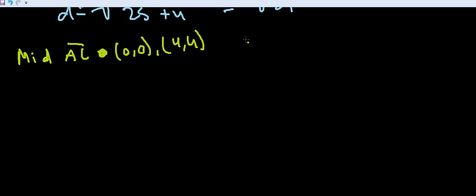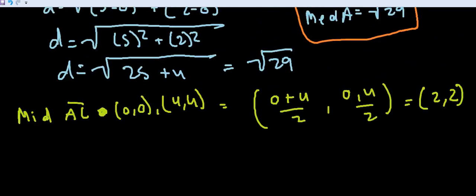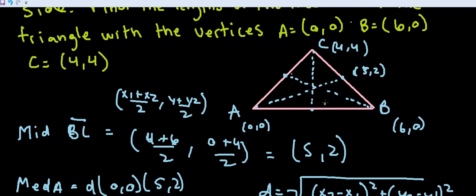That's x1 plus x2 over 2, so 0 plus 4 divided by 2, comma, 0 plus 4 over 2, and they happen to be the same. So our midpoint is equal to 2, 2. Let's scroll back up and see where that is. The midpoint between A and C, right here, is 2, 2.